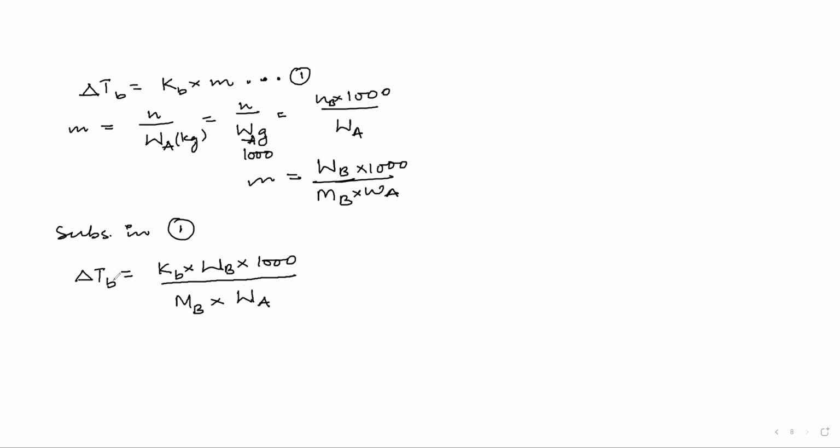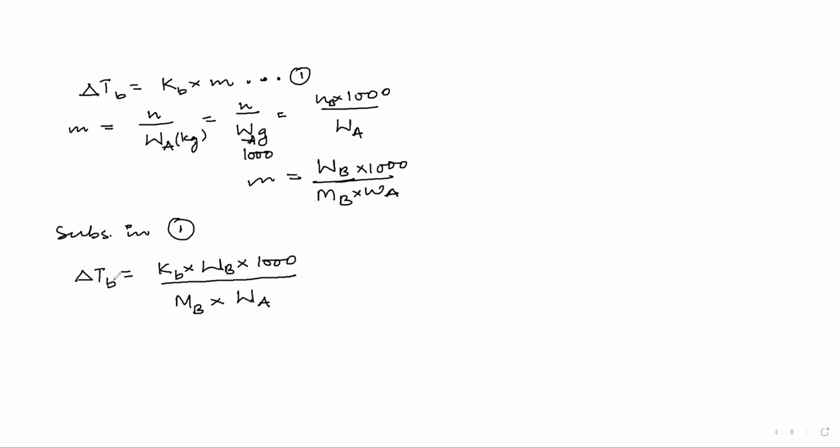Just imagine yourself in the laboratory now. You have been given a pure solvent and an unknown salt. Then they ask you to determine what this salt is. Then you try this formula, for the molar mass. First we will determine the molar mass, then I will think of what salt it is. To determine it, you have everything. You have K_B of water.